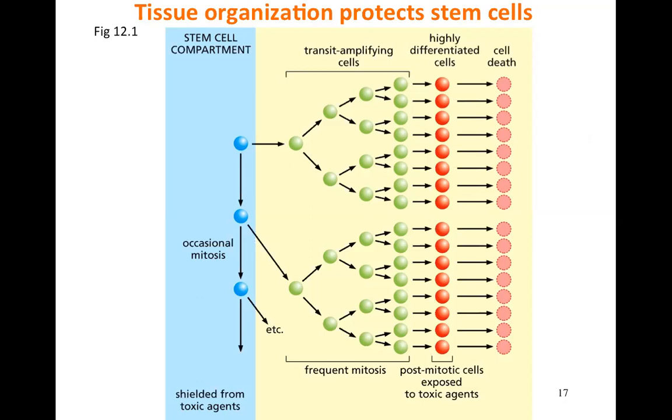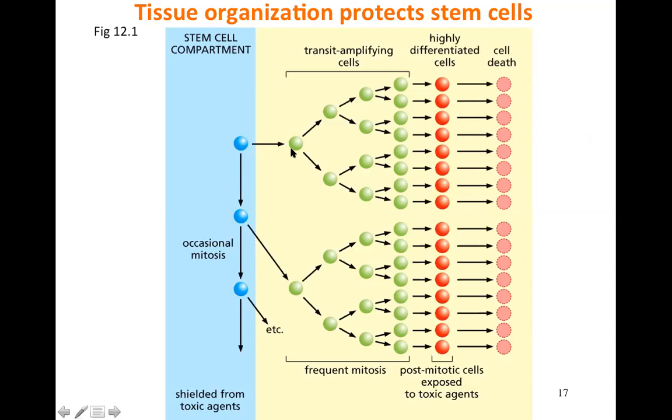And importantly, this is a nice slide for illustrating this concept that even though stem cells stick around for a long time and continuously replicate, they're not doing it very often. So the same stem cell here, when it divides, one of its daughter cells becomes this green cell here. The other daughter cell basically sticks around and is still the stem cell.